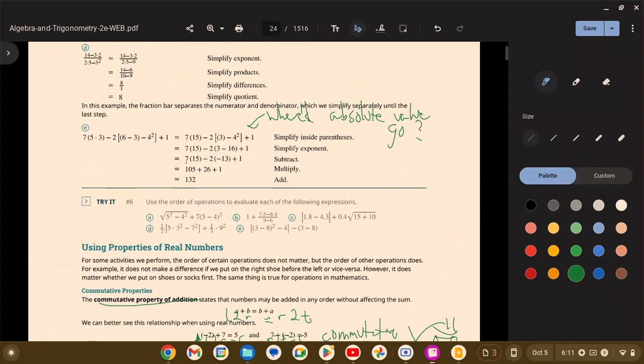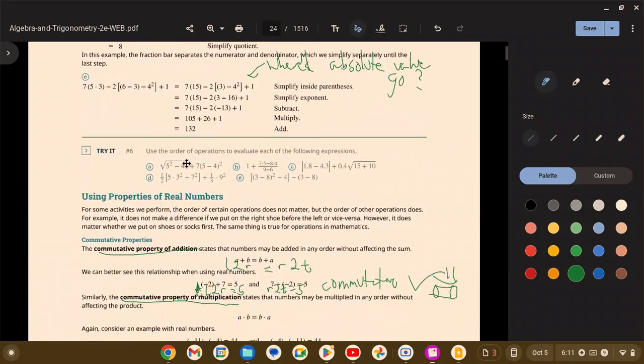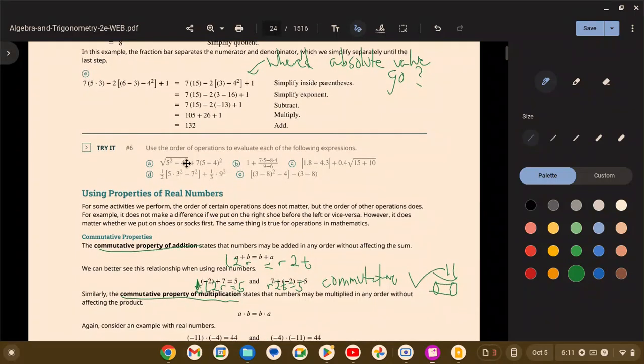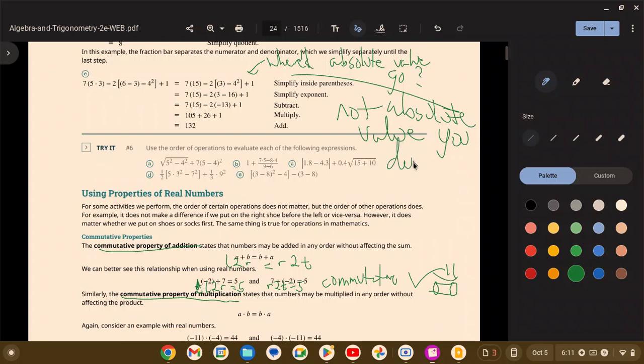I wrote them as absolute value symbols, so they weren't actually absolute value. So their answer is actually correct. Not absolute value. You dummy head. Smiley face. Okay.